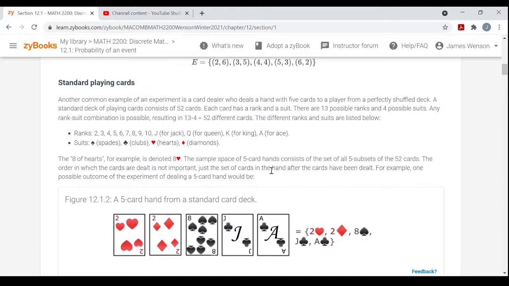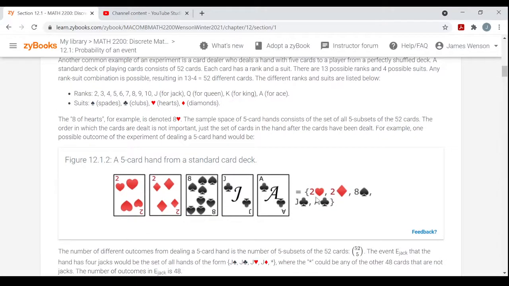It's just the set of cards in the hand after the cards have been dealt. For example, one possible outcome of the experiment is this here. Notice they put braces instead of parentheses because the order doesn't matter. So here's one possible hand: 2 of hearts, 2 of diamonds, 8 of spades, Jack of clubs, Ace of clubs.